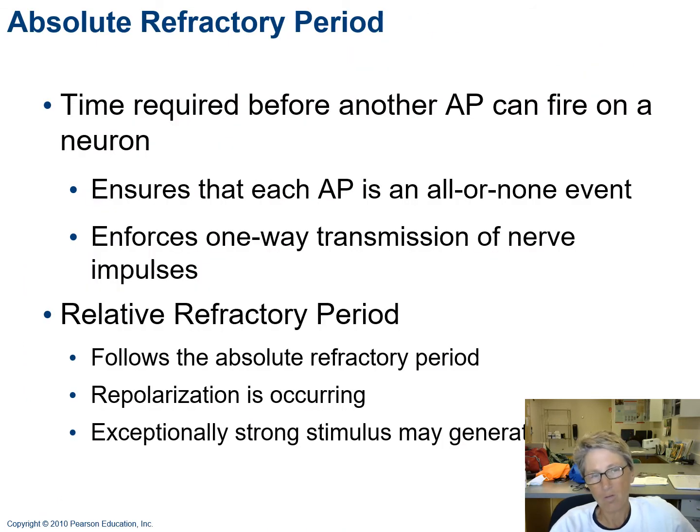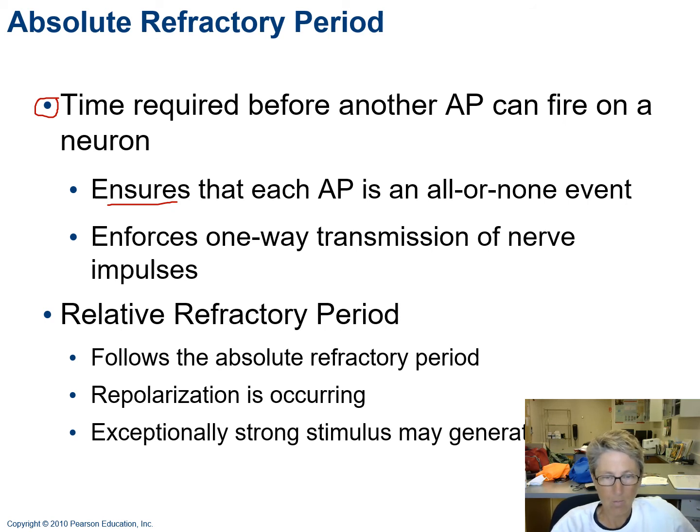Here are some bullets and words about the absolute refractory period. Mother Nature created an absolute refractory period because it ensures that each action potential is an all or none event. So you don't get a half-baked action potential.